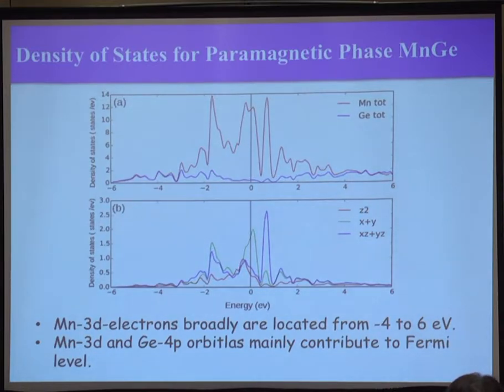So for that we go to the paramagnetic case, essentially to understand that these are the most active areas for the spin contribution from the p orbitals. We also look at the difference between the spin orbit coupling and without the spin orbit coupling. In this calculation, we do include the spin orbit coupling.